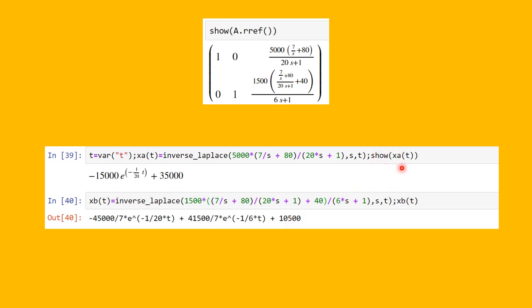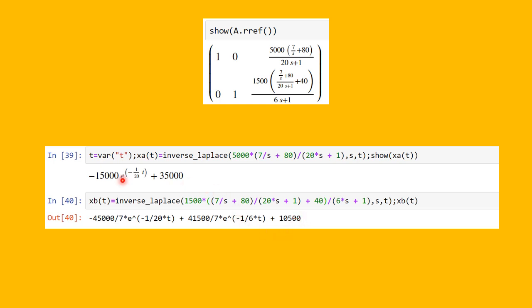When we used the show command here, the output was in standard math type. When we just printed x sub B of t, it was a linear display showing the numbers and the operations and the functions that were involved.